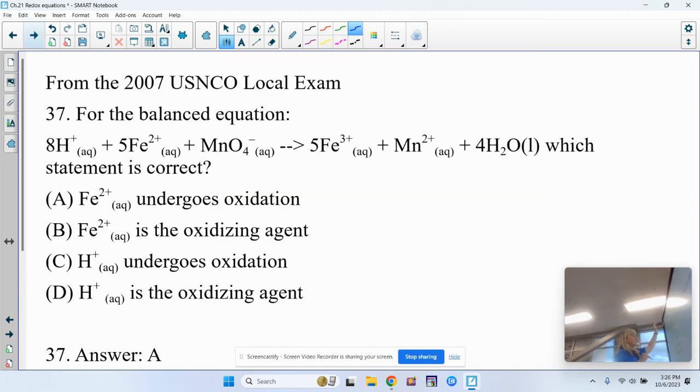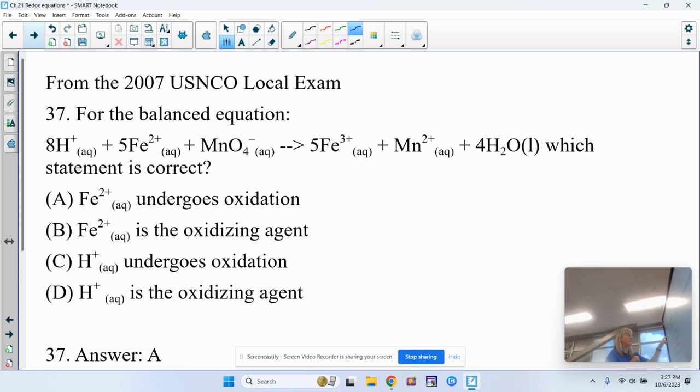Another question from the Chemistry Olympiad local exam says, for the balanced equation, which statement is correct? Is Fe plus 2 undergoing oxidation? Okay, so Fe plus 2 on the reactant side becomes Fe plus 3. So it's getting more positive. So it is losing an electron.